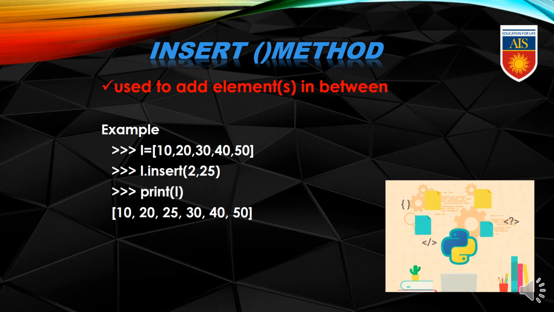Second index means in between 20 and 30. In between 20 and 30 we are going to insert 25, because before inserting the second index is 30, but now we want to add 25 in that position. So it will print 10 20 25 30 40 50.